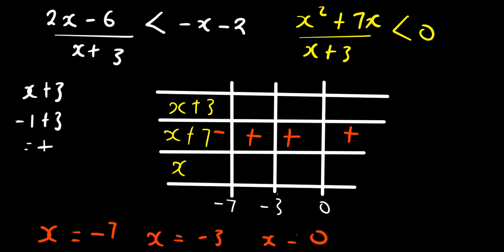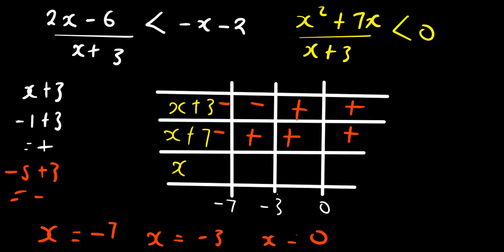So in this case, we have positive values going this side. Okay, for uniformity, let me use red. Positive values going this side. Then let's try to get any number that is less than negative 3. So let's say negative 5. Negative 5 plus 3 gives us a negative number. So we have a negative this side.